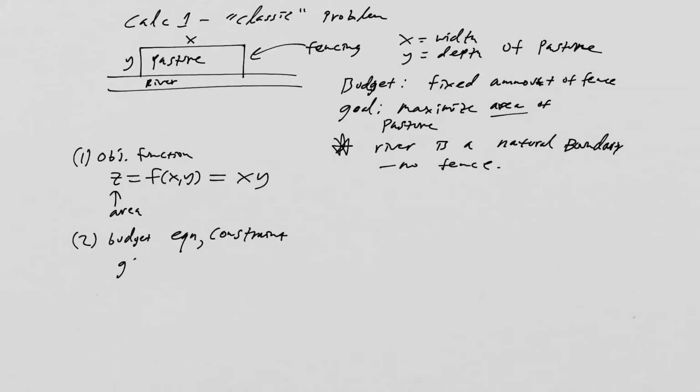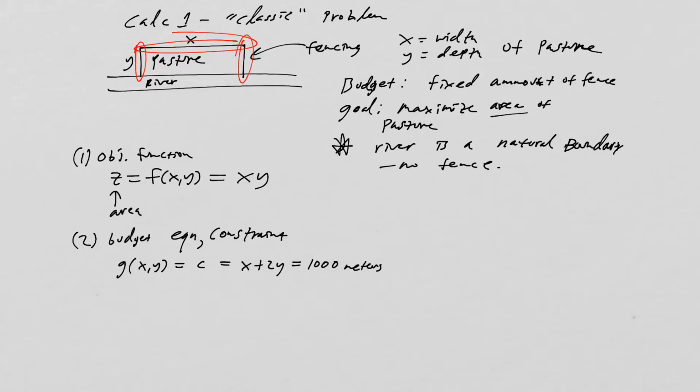Okay, and that's going to be g of x comma y is equal to some fixed number, we'll call it c, and that's going to, of course, be equal to x plus 2y, okay, because we have here 2 sides that are of y length, and then we have 1 width that we have to deal with. So in this specific case, I'm going to say that we have 1,000 meters of fence. Okay, well, you can pick any positive number you want there. We'll go with 1,000 meters.